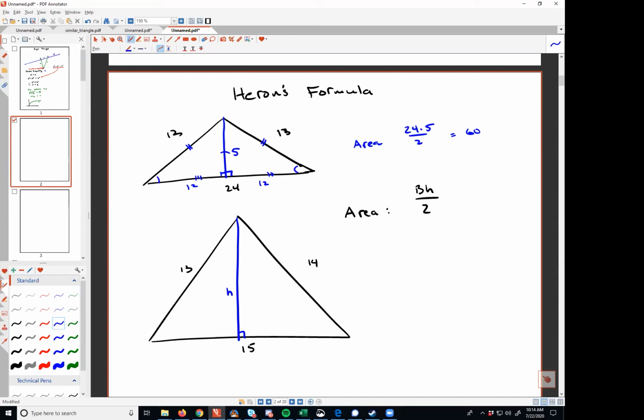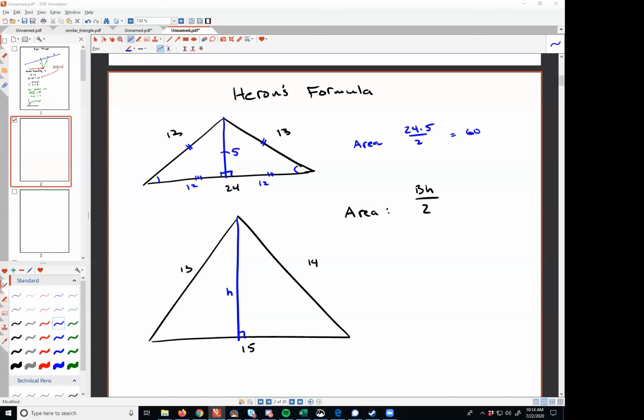Maybe we could assign variables to each of the side lengths that we currently have. So x, it could be 13 squared minus x squared equals h squared. Just start.